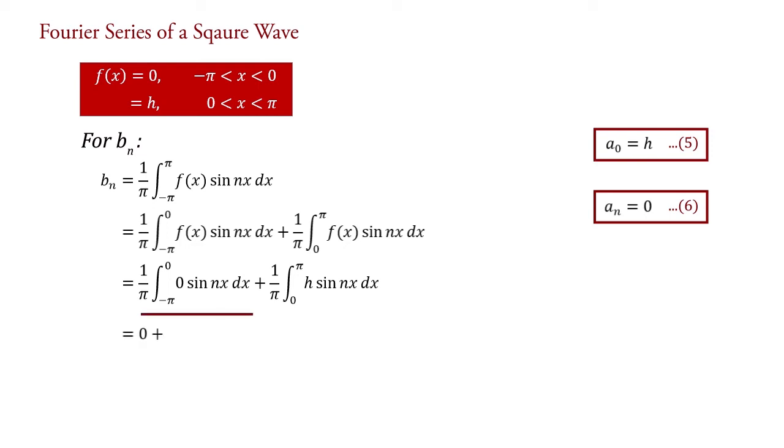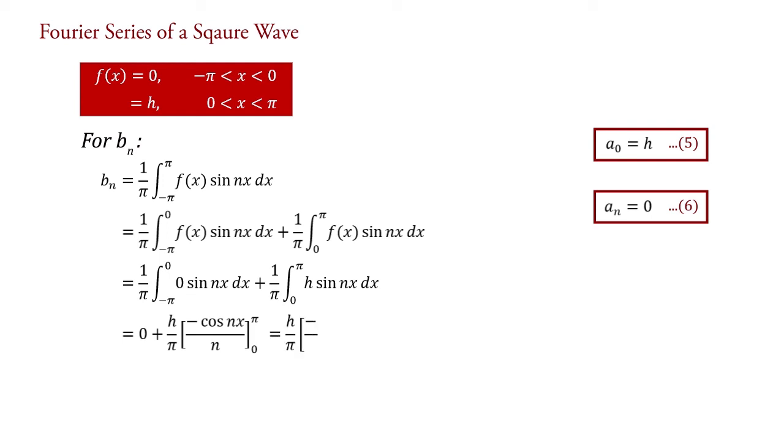This entire term becomes 0. And in this term, we take h outside the integral. Therefore, bn equal to h upon pi. Now the integration of sin nx is minus cos nx upon n. So, this equation becomes bn equal to h upon pi into bracket minus cos nx upon n, limit 0 to pi.